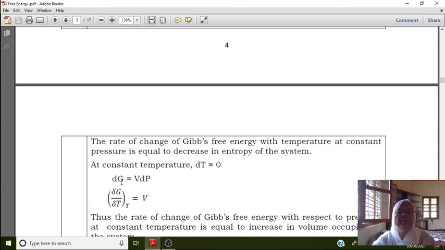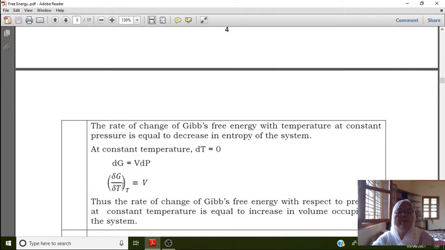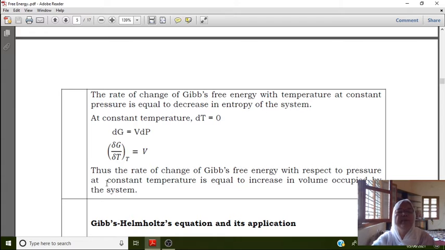Therefore, the variation of free energy with pressure at constant temperature is equal to V. Thus, the rate of change of Gibbs free energy with respect to pressure at constant temperature is equal to the increase in volume occupied by the system.